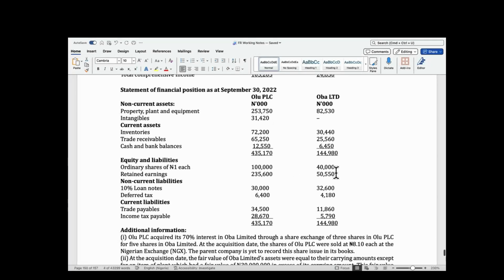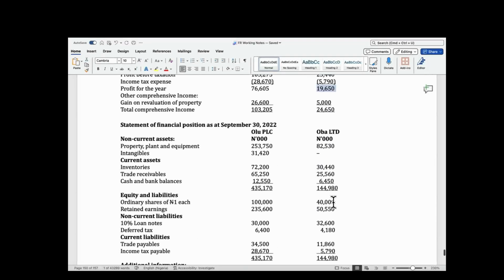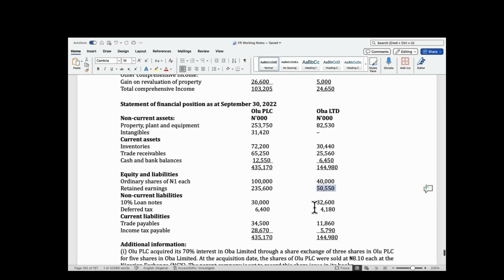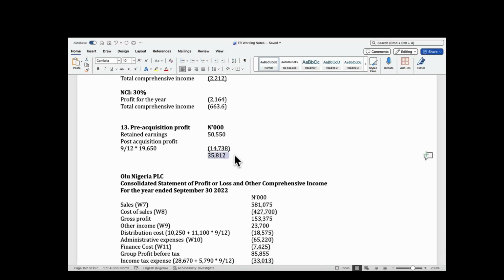So again, I need my pre-acquisition retained earnings, but I'm given the retained earnings at the end of the year, which is 15,550. So I took away the profit for the period, the post-acquisition profit, which is 9/12 of this. If I take that away from this, it takes me back to profit as at the beginning, which is the pre-acquisition profit. So that gives me my pre-acquisition profit there.